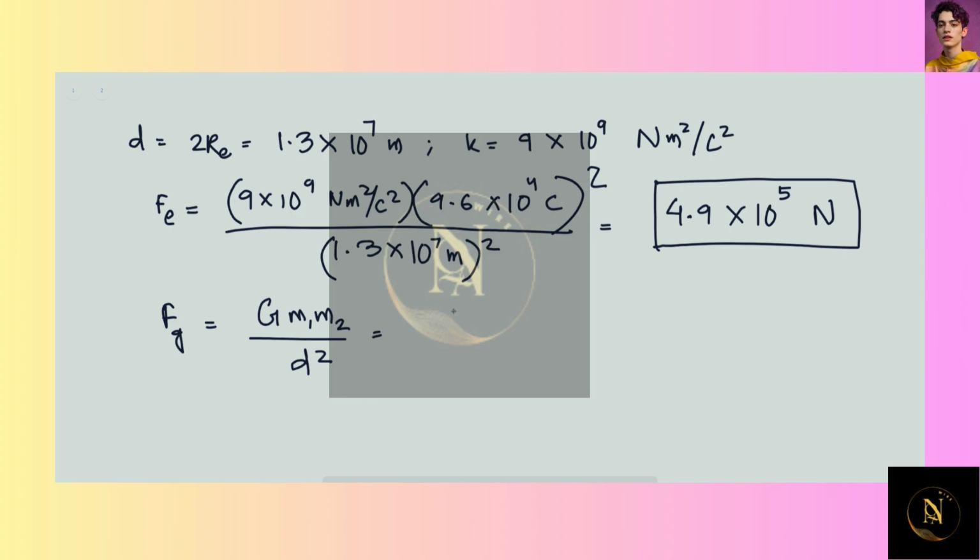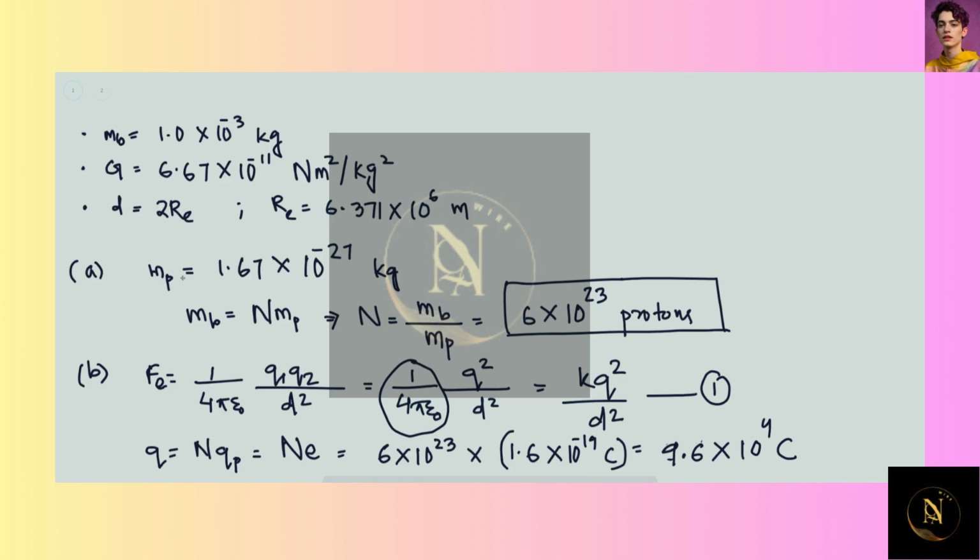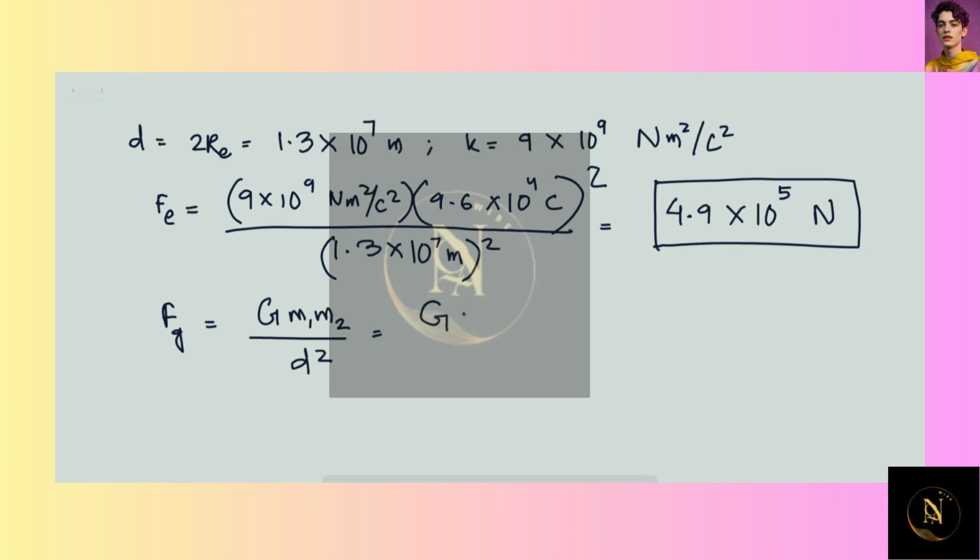So we substitute each of the values, and we already know the mass of the bag, that is MB, so this will be equal to G MB whole square, because both the masses are equal, over d square. So now substituting the values, we get Fg to be 3.9 times 10 to the power minus 31 newtons.